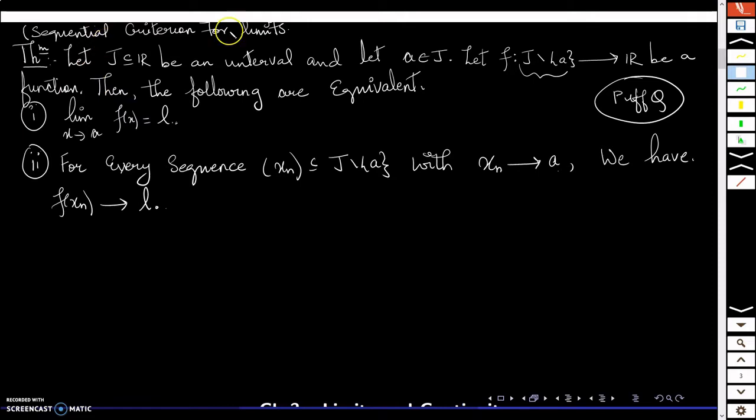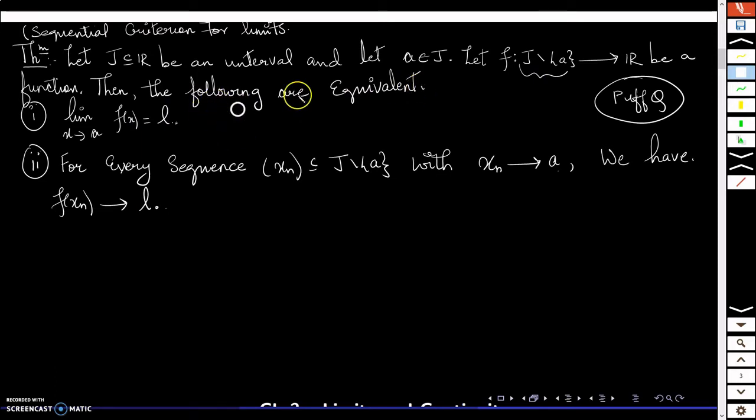The sequential criterion for limits says: if J is an interval in R and A is any point in J, supposing f is a function from J difference A to R, then the following statements are equivalent.